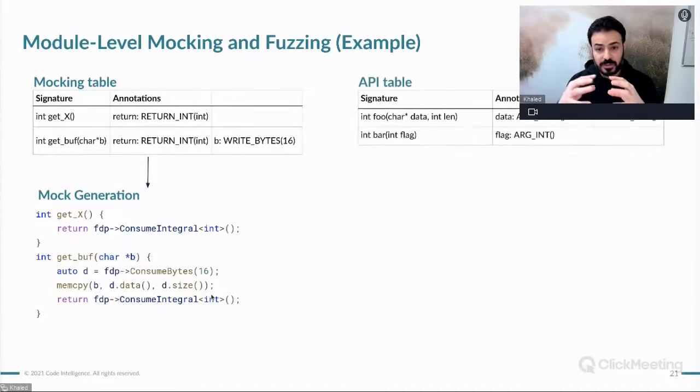The second ingredient that we need here is the API table, which we use to annotate which fuzzy data needs to land in each of the arguments. So here we say this is an argument of data, so it's a data buffer, and the second one is its corresponding size, and the bar API expects an integer, and then this flag is annotated with arg int, so that the fuzzer can provide an integer value.